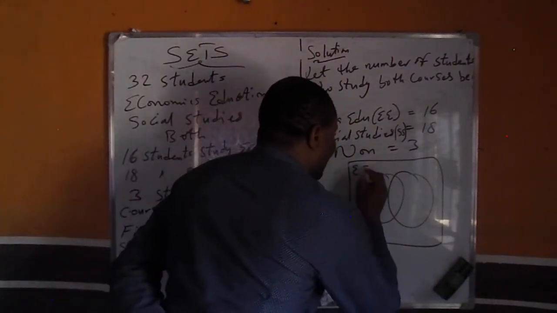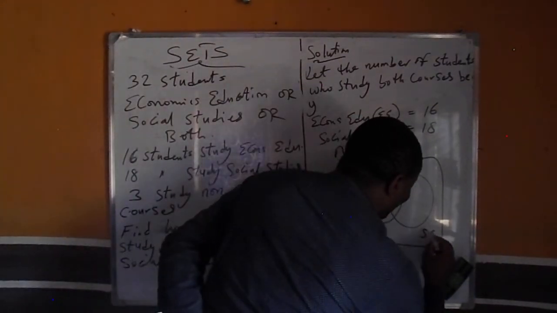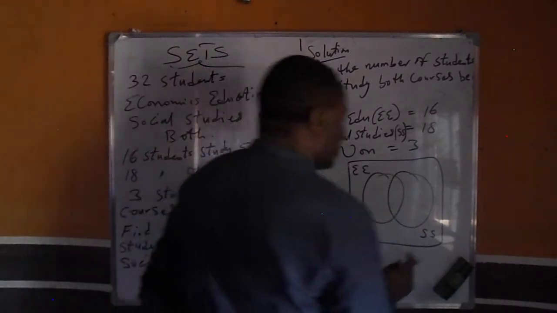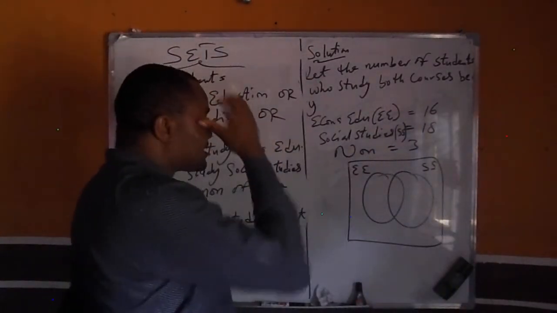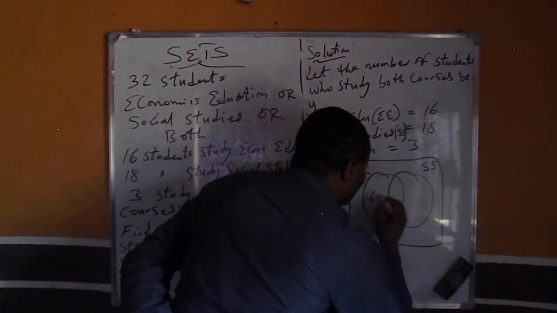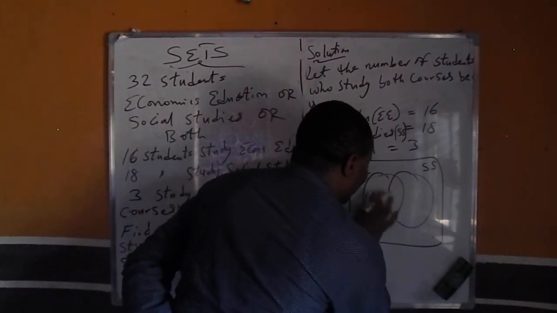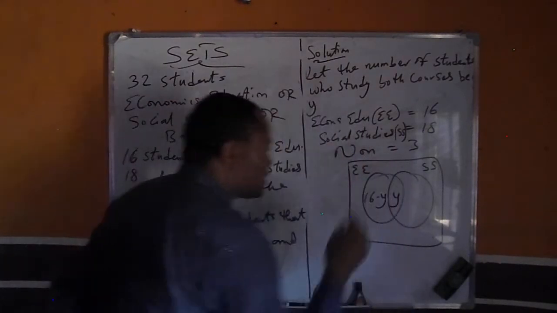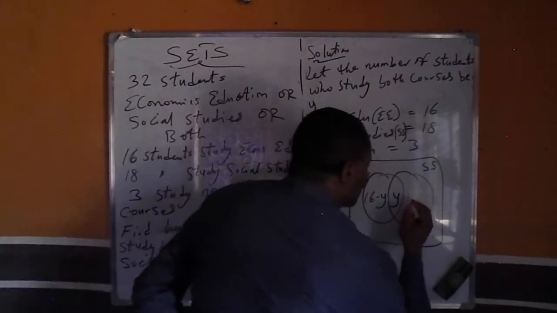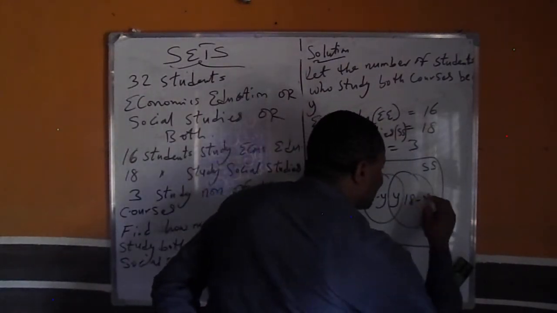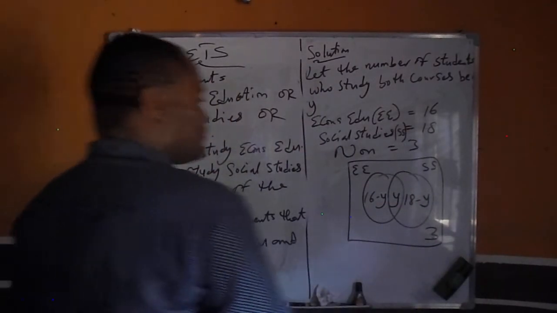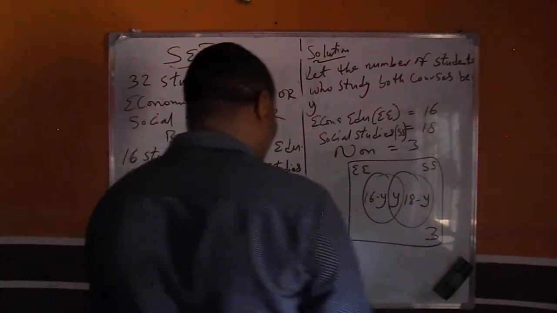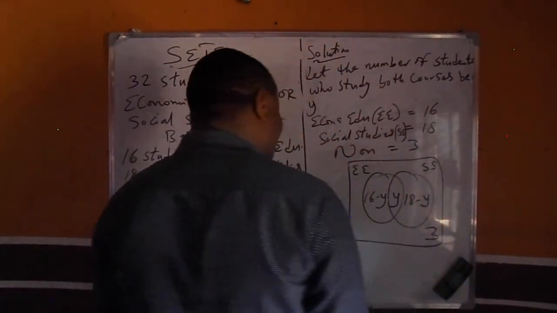We have economics education, social studies. Now, 16 study economics education, so 16 minus y. Y here study both. In social study, 18 minus y. None study either of the two.